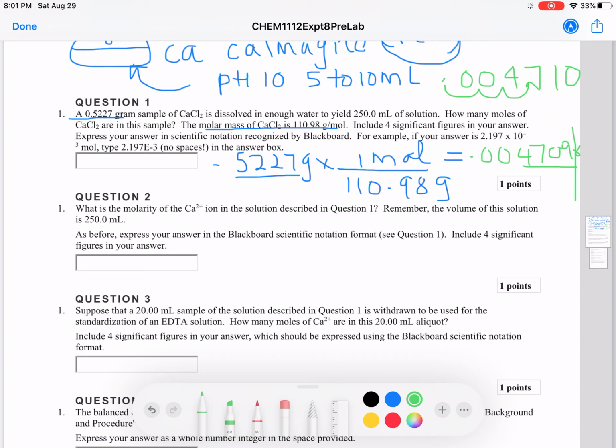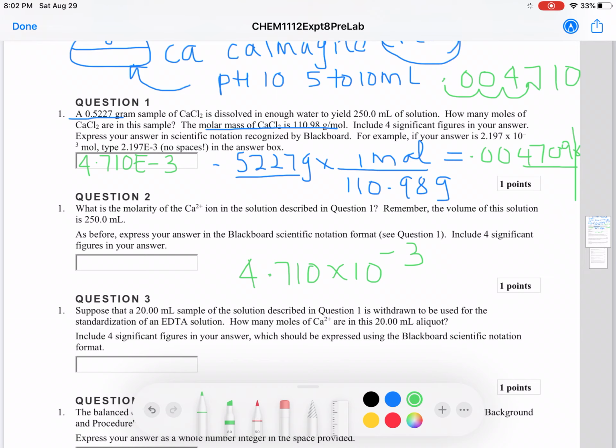Right now you have a very small number; by moving it to the right you make it bigger, so your exponent has to be negative. So I'm going to write it down here: 4.710 times 10 to the negative 3. The way you put it in the box is 4.710E-3. That's going to be the number of moles of calcium chloride.